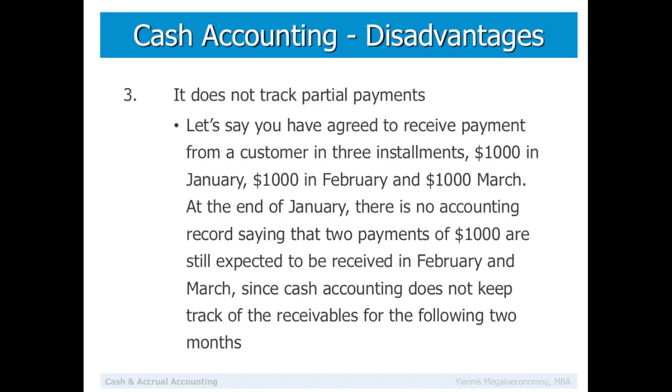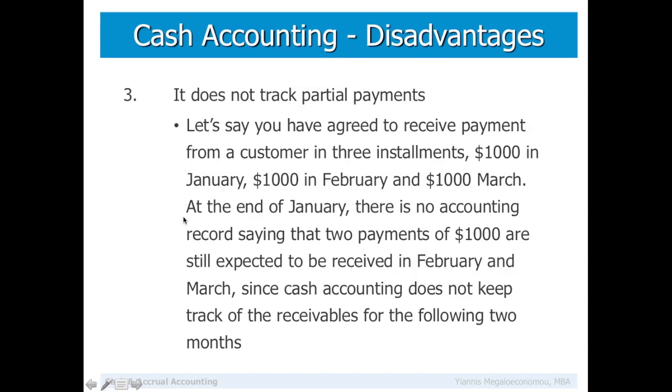Another disadvantage is when the business makes or receives partial payments. Let's say you have agreed to receive a payment from a customer in three installments, $1,000 in January, $1,000 in February, and $1,000 in March.